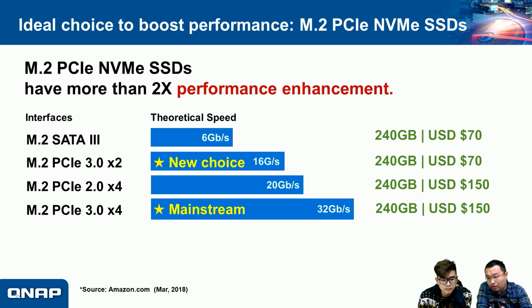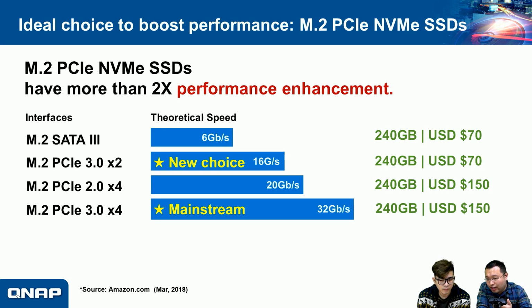So the slowest one, and probably also the cheapest one, is the M.2 SATA SSD. So it's about 6 gigabit per second speed. And then after that, a newer type is the M.2 PCIe NVMe SSD, the Gen 3 by 2. If you look at CES of this year, 2018, there are more and more SSD vendors that come out with this slower speed.